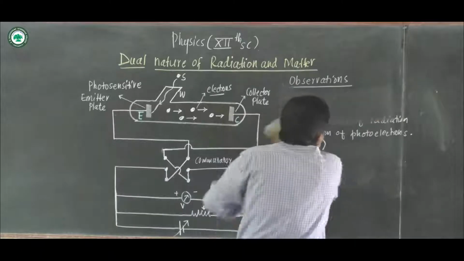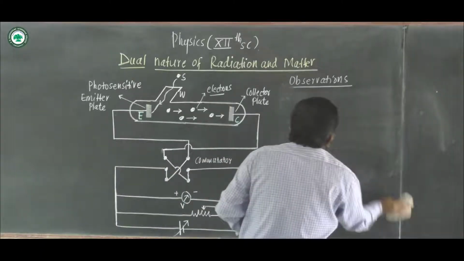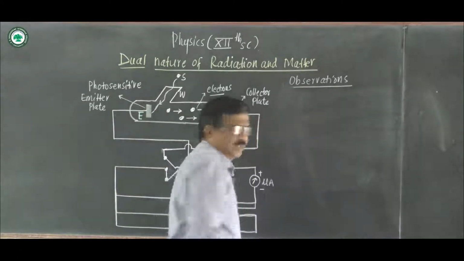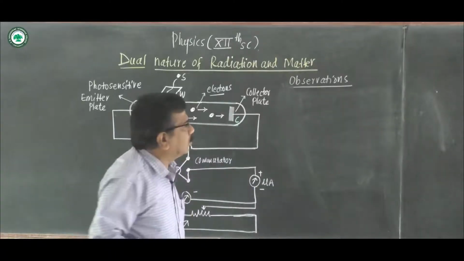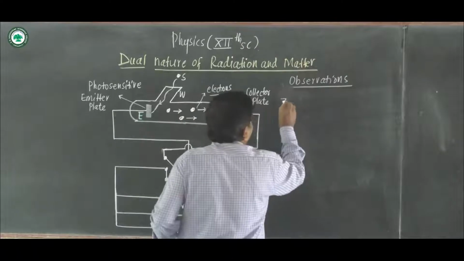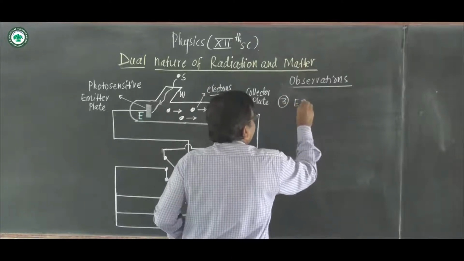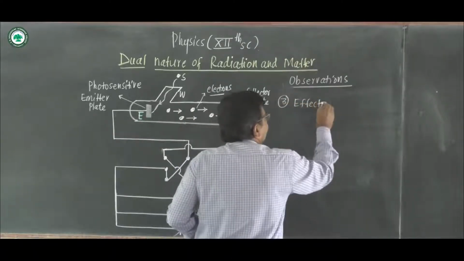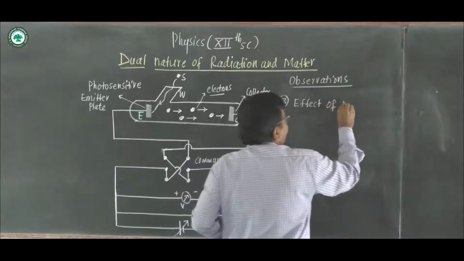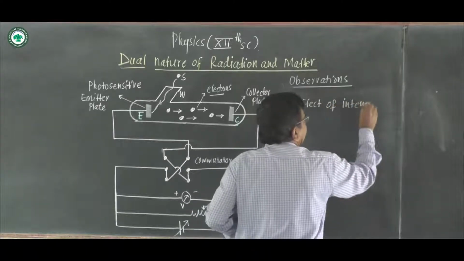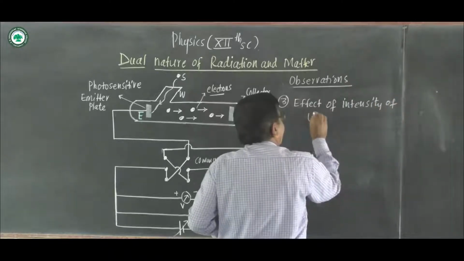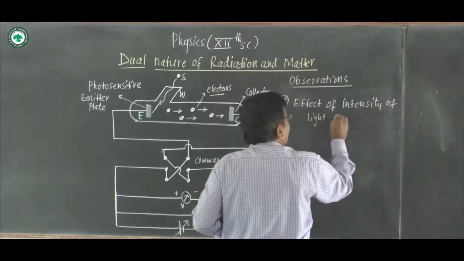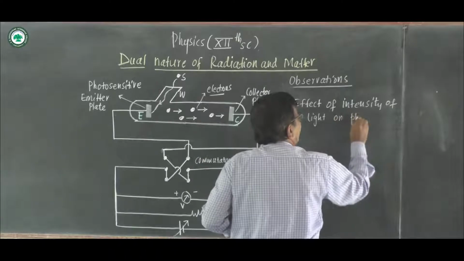Then the third observation; these observations are very important in this experiment. Effect of intensity of light on photoelectric current, or photocurrent.